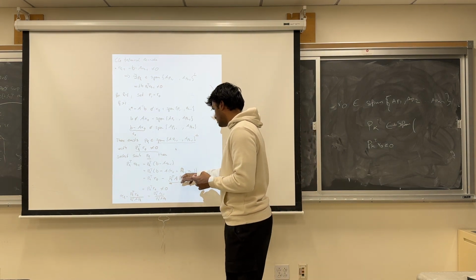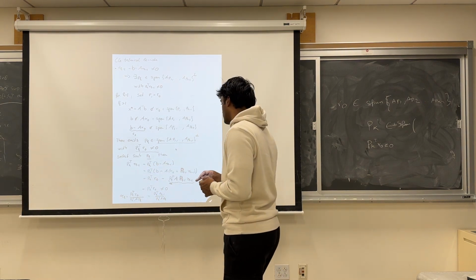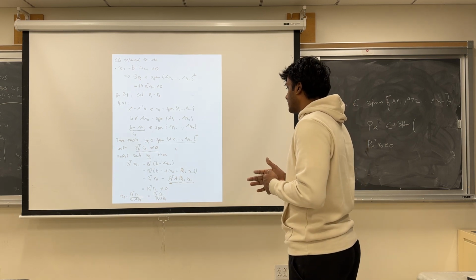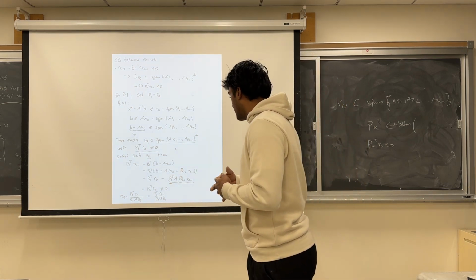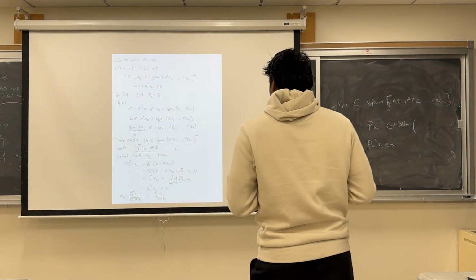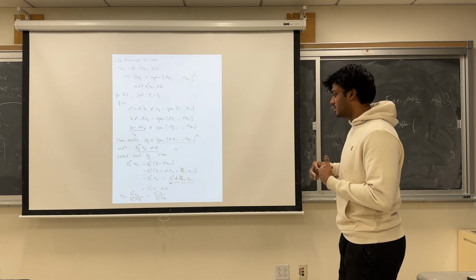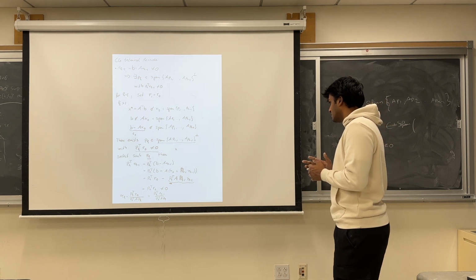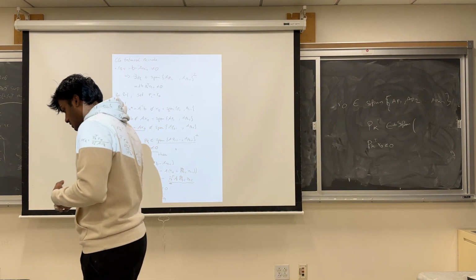So this is just 0. So P_k transpose R_{k-1} is P_k transpose R naught. That's guaranteed. I see. Therefore alpha_k is just P_k transpose R naught, which is P_k transpose R_{k-1}.